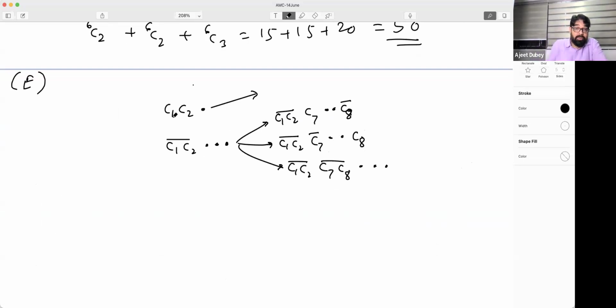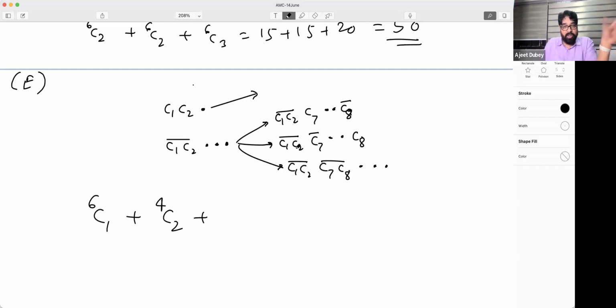Now let's write the values. C1, C2 not coming, so balance will be 6 people. From 6 people, I need 1 person, so 6C1. In this case C1, C2 not there, C7 is there, so 2 more, from how many? 1, 2, 3, 4 gone, 4 people, 4C2.